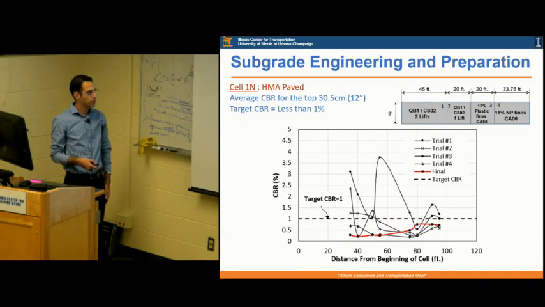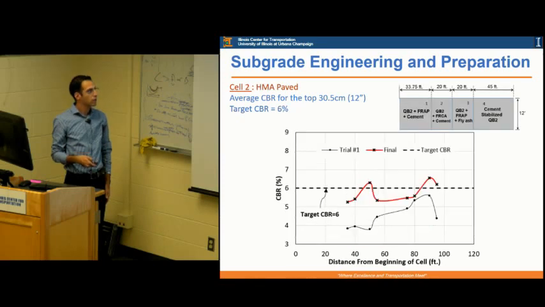This is the same results for the HMA paved cell 1 north, also showing a consistent CBR of less than 1 on all the different points. For the CBR6 materials, cell 2, we had only to do 2 trials, fortunately, for that one. And we were also getting around our target CBR.